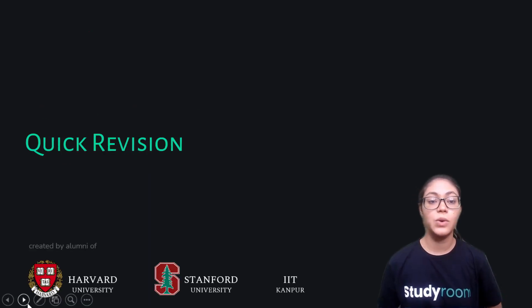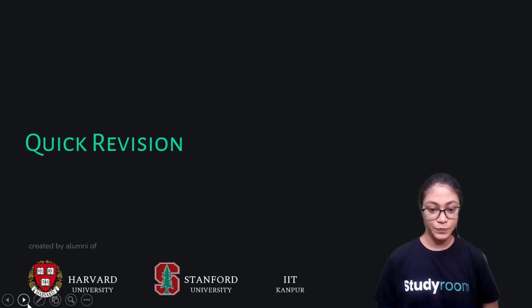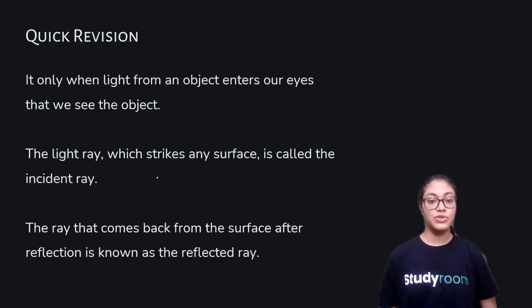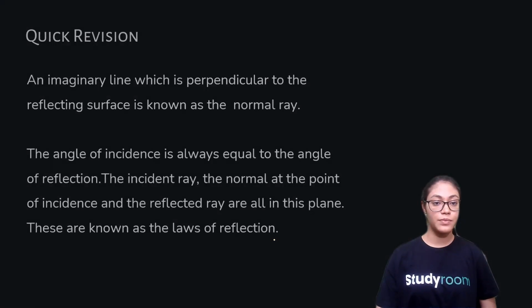So now let's quickly revise this chapter. It is only when light from an object enters our eyes that we see the object. The light ray which strikes any surface is called the incident ray. The ray that comes back from the surface after reflection is called the reflected ray, right?